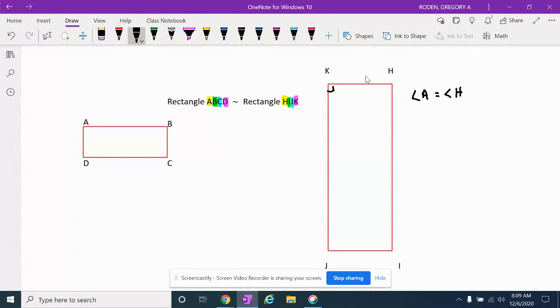So technically they're all equal to each other. If this wasn't a rectangle, I'd have to be a little more picky. But it's good practice lining up the equal angles.